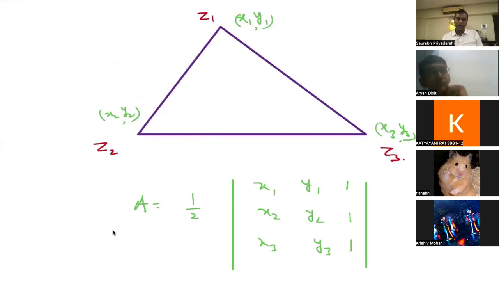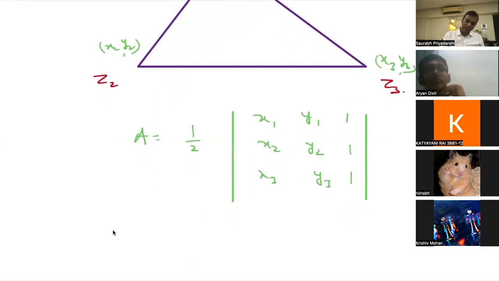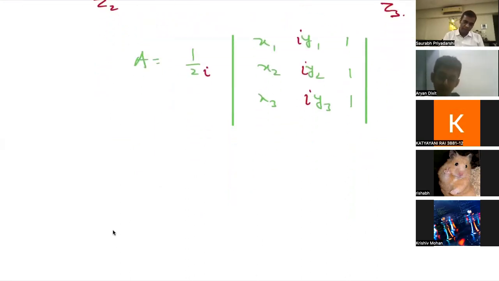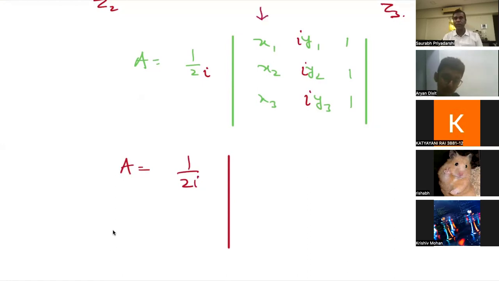What I'm saying is, if I multiply this by i, then I have to divide by i. Is this okay? Okay. Yes, sir. A is equal to 1 by 2i, and this is the first column, this is the second column, this is the third column.